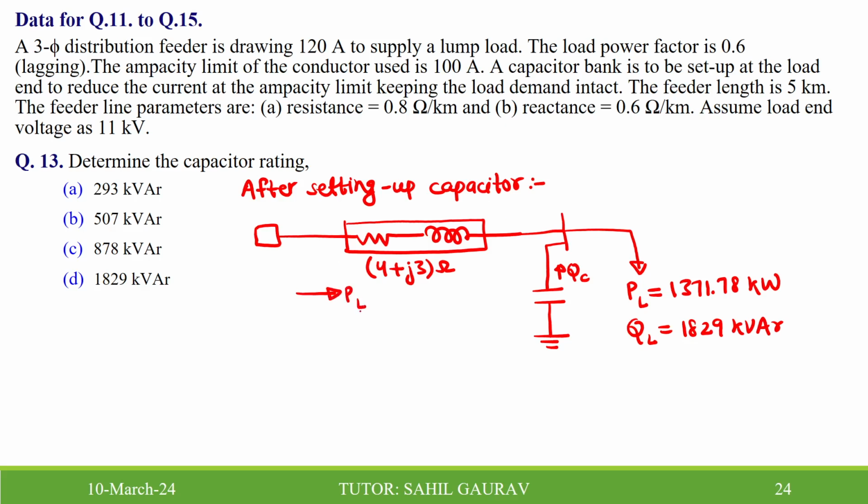The active power flowing from the feeder will be this PL, and the reactive power flowing through the feeder we can take as Q feeder. This will be QL minus QC. Let us find this QL, which I have already written, but you can find it with the expression root 3 VL IL sine phi.